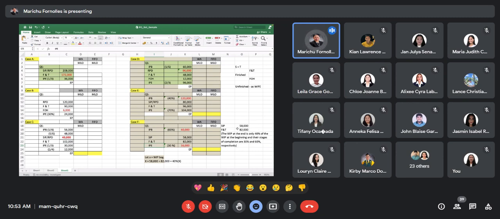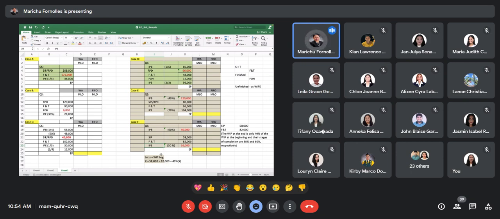So based on the given information, there are two sources with two targets. So let's formulate the equation so that we would know how many units were started last month and how many units are still in process at the end of this month.